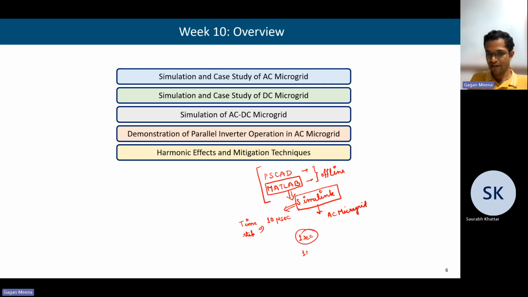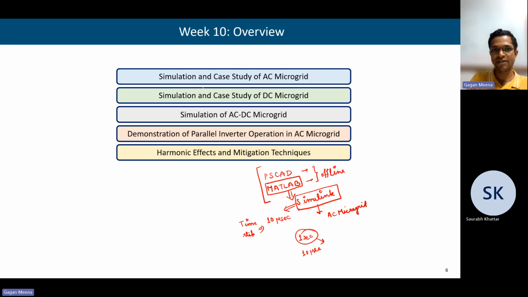For each 10 microseconds within this 1 second, the model will run in Simulink, and it will be very slow. If the model is very large and the time step is small, then the model takes a lot of time. This will happen in these offline simulation platforms.